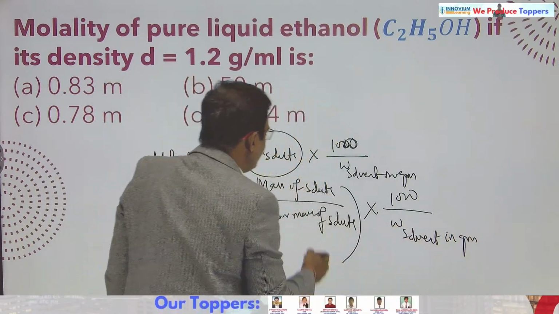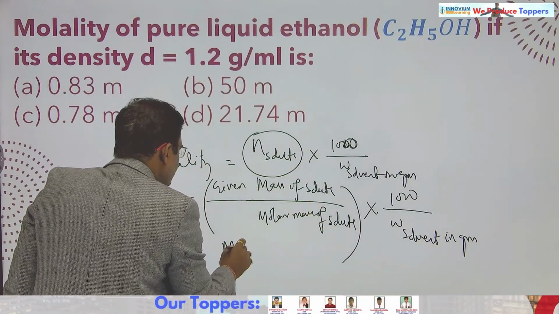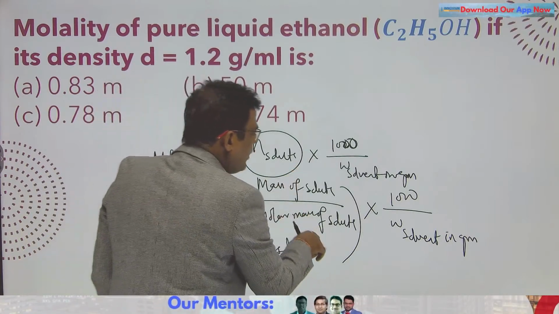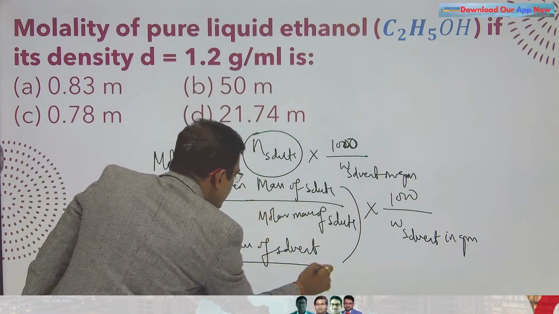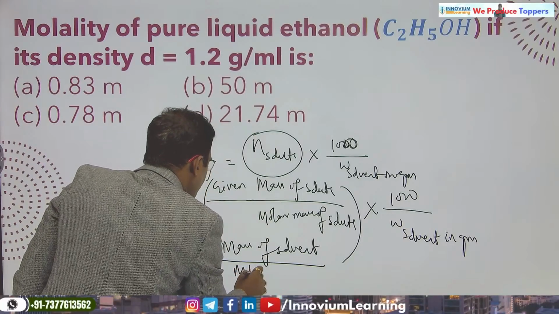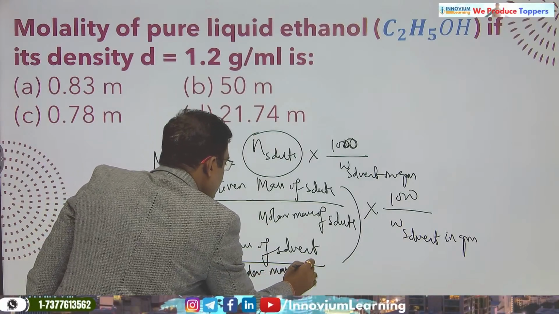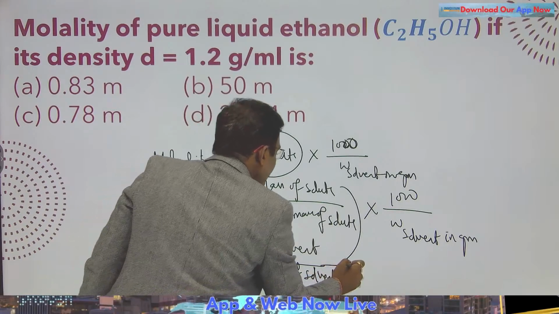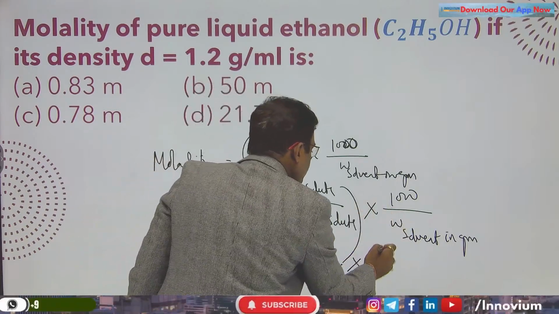This is also mass of solvent. So this is the mass of that same solvent, because solvent here is interpreted as solute, by the molar mass of that solvent, because solvent and solute here are interpreted as the same.